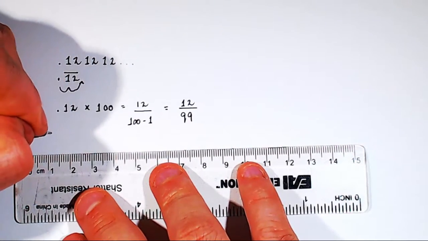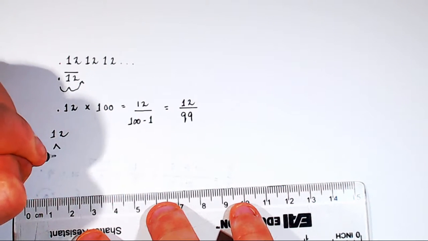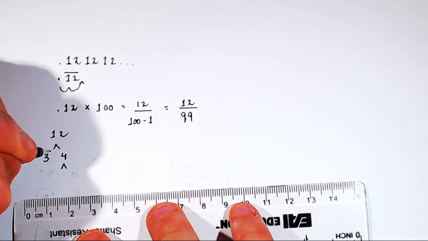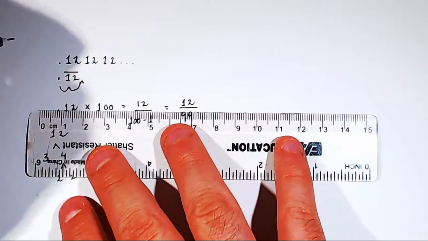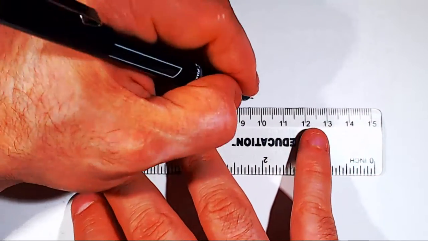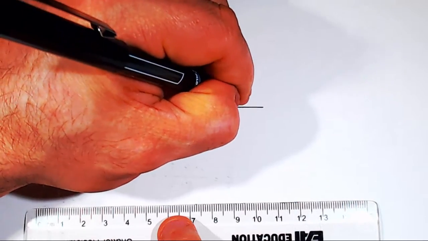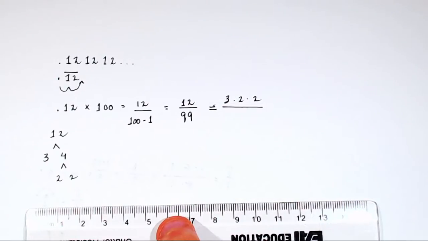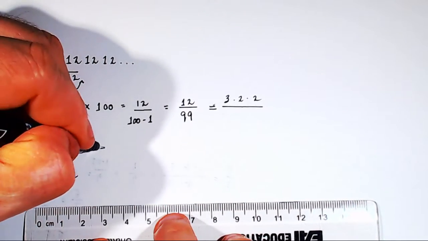So first let's prime factor 12. 12 is easily prime factored as 3 times 4, and 4 is 2 times 2. So 12 can be rewritten as 3 times 2 times 2. Now how about 99? 99 is a bit of a different bird.